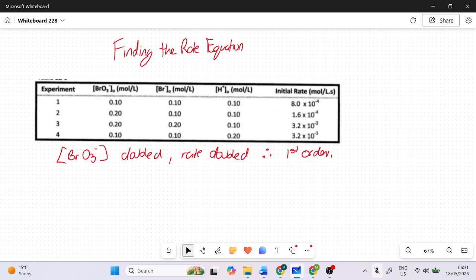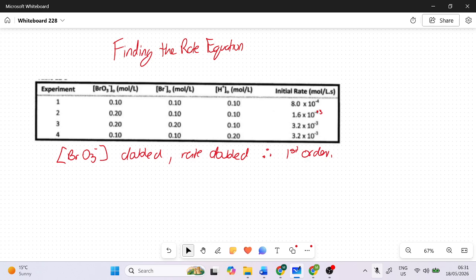If we look between experiment 2 and experiment 3, it's about the bromide. The concentration doubled. Actually, I think there is a mistake here. That must be a 3.